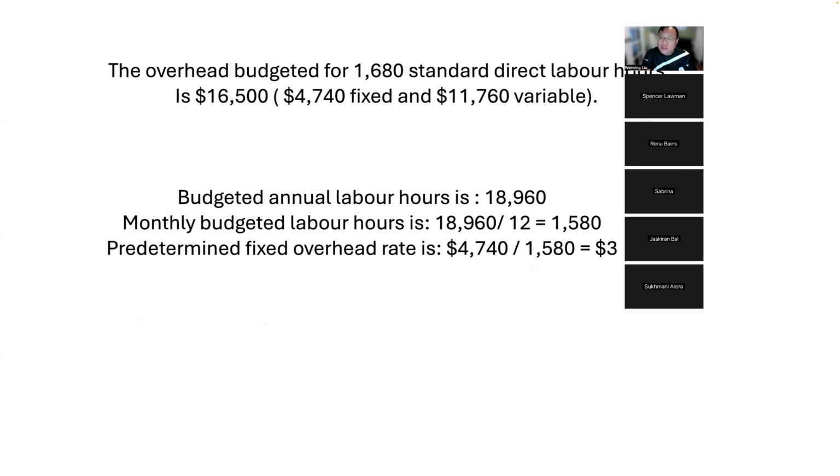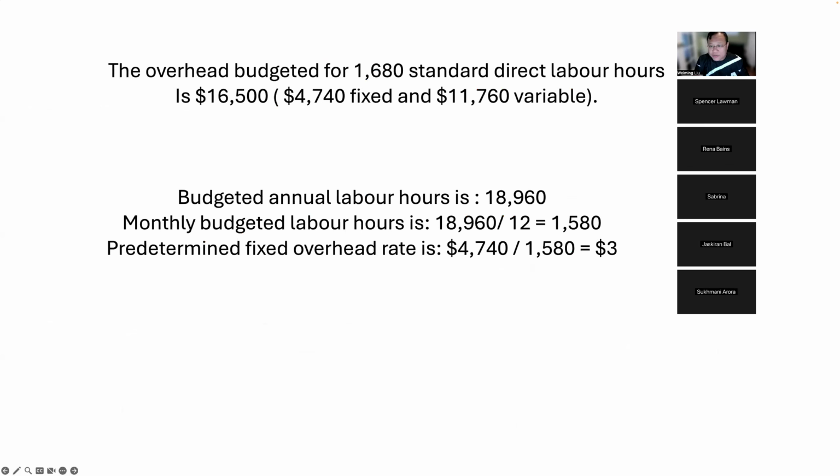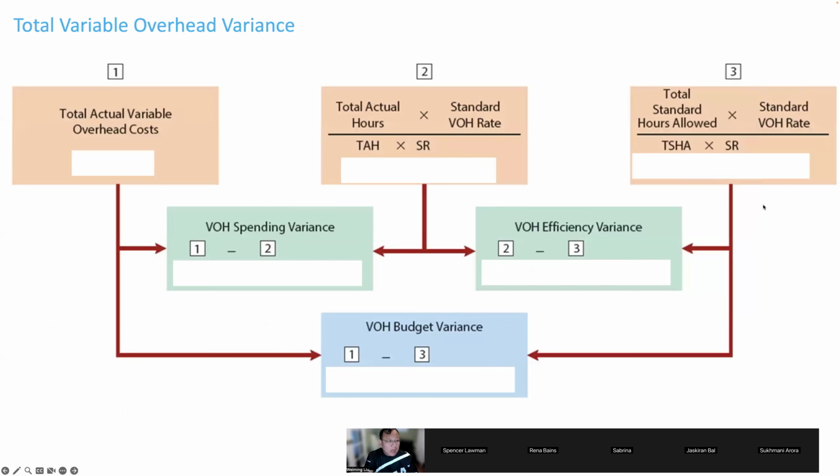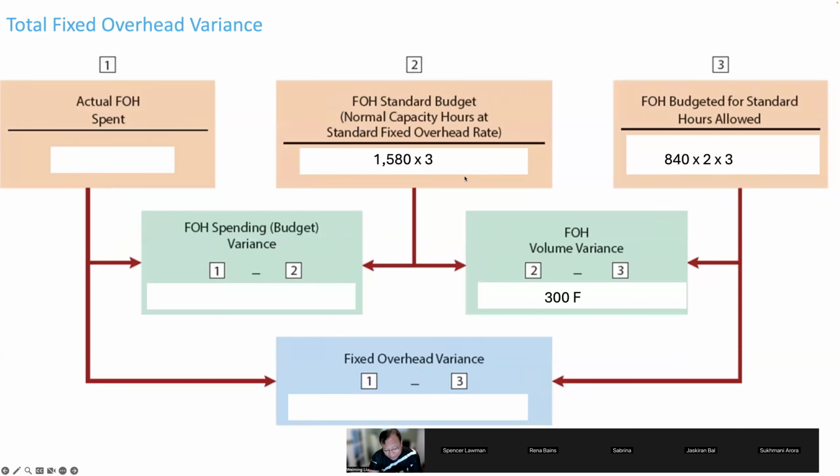Now let's take a look at the volume variance. What is the volume variance? Let's look at this picture. When you think about the overhead variance, it can be broken down into two components: the variable overhead variance and the fixed overhead variance.